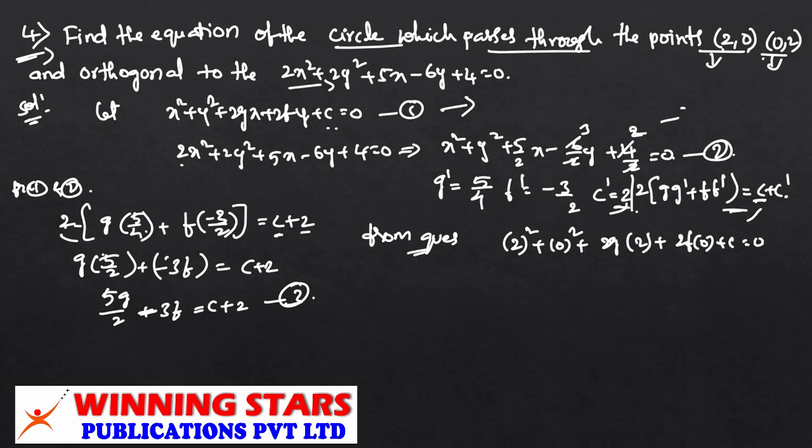From this it becomes 4 plus 4g plus c is equal to 0. So 4g plus c is equal to minus 4.